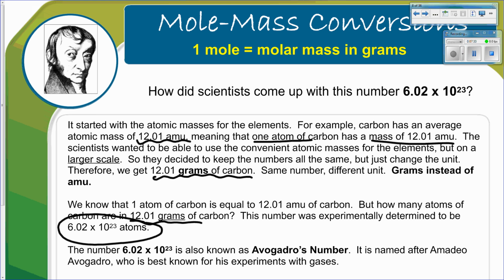If you look on the periodic table at the atomic mass, so for example, hydrogen, 1.008. If you take in your lab on a scale 1.008 grams of hydrogen, then, according to Avogadro's number, you've got 6.02 times 10 to the 23rd atoms of it.